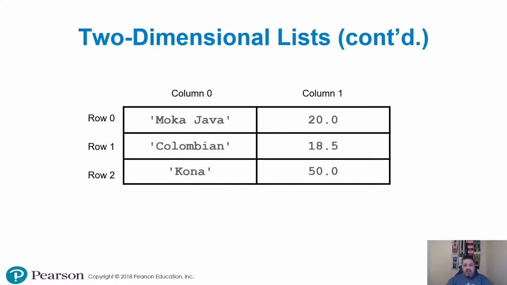And Mocha Java had 20. You had 20 pounds of Mocha Java, and 18.5 pounds of the Colombian, and 50 pounds of the Kona, and that would be how you would address these particular lists. It's a list of all the coffee you have, and each element of that list is a list itself, which is a string and a float. So that might be maybe more of a hands-on example.